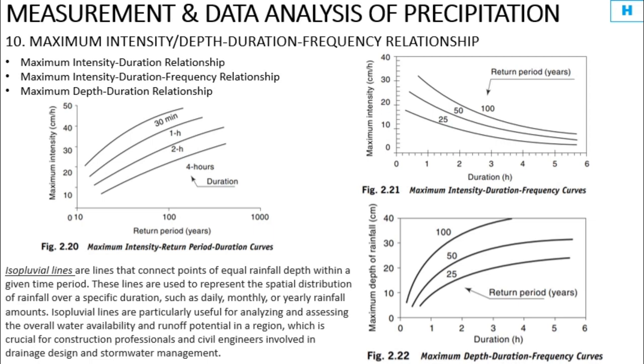Ito, rainfall depth. Kaya it's called yung spatial distribution. So these isopluvial lines are particularly useful for analyzing and assessing the overall water availability and runoff potential in a region, which is crucial for construction professionals and civil engineers involved in drainage design and stormwater management.